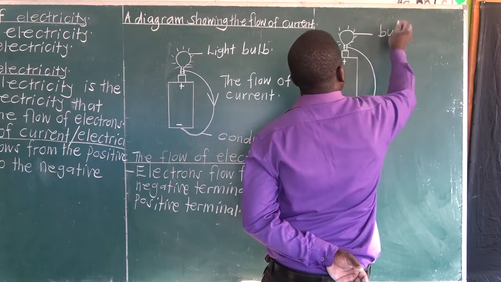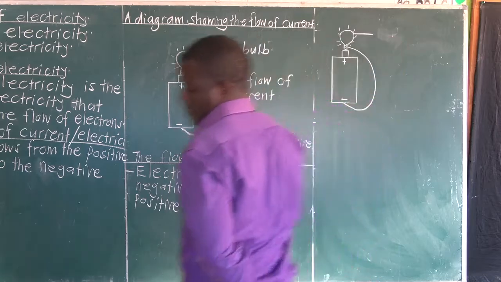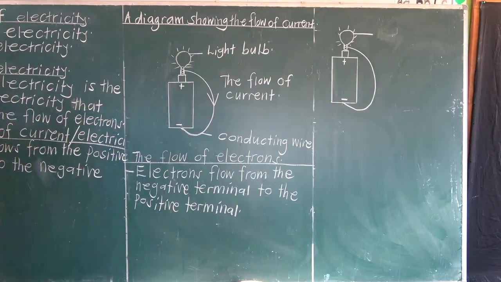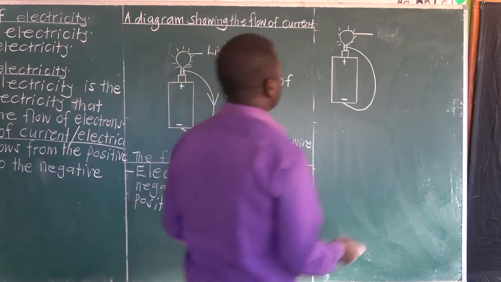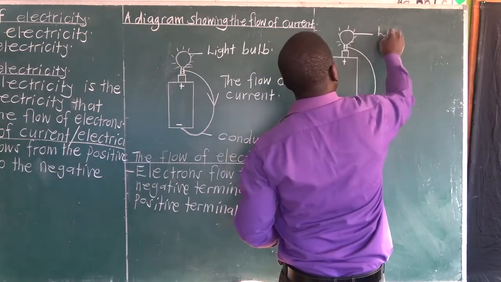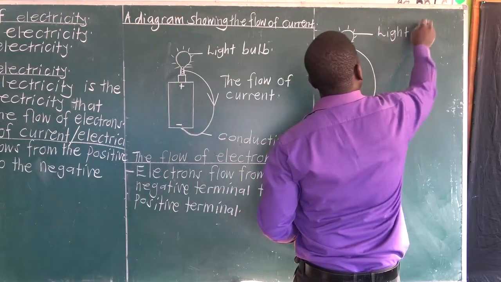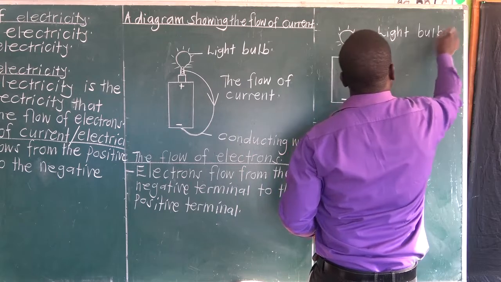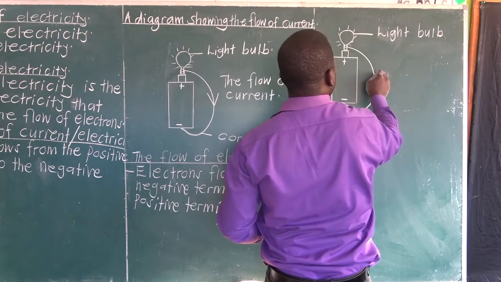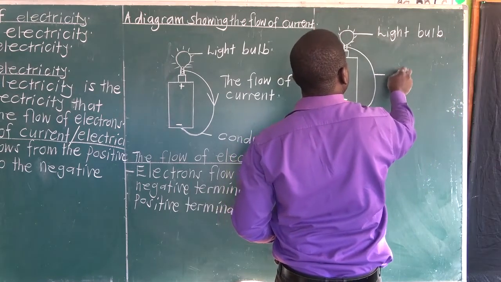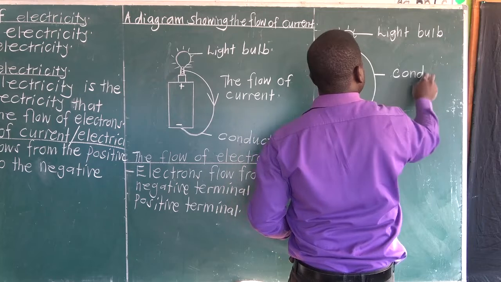That is a bulb. Sometimes it is called a light bulb. This one is a conducting wire.